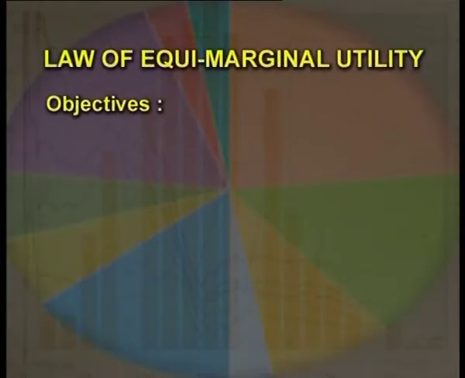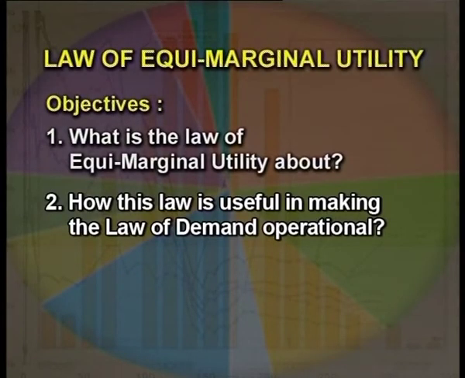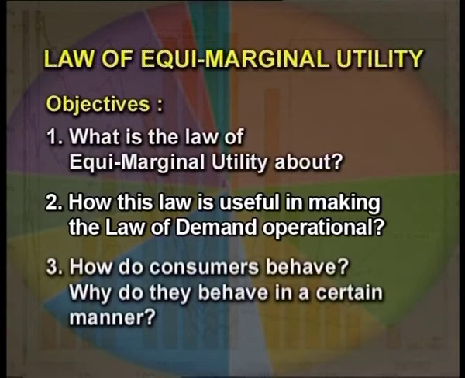Therefore, the objectives of this lecture are: firstly, to know what the law of equi-marginal utility is about; secondly, to know how this is useful in making the law of demand operational. These two objectives help us to understand how consumers behave and why they behave in a certain manner.